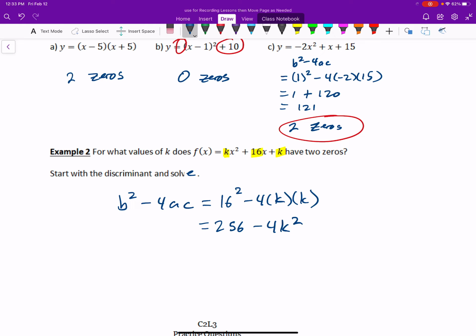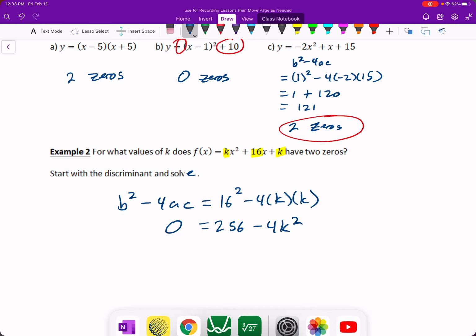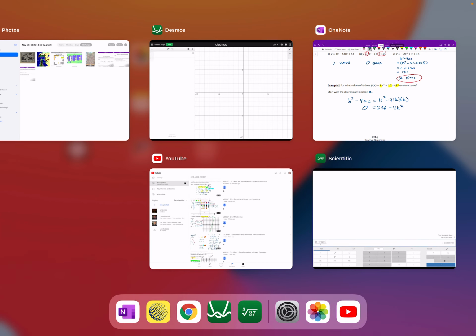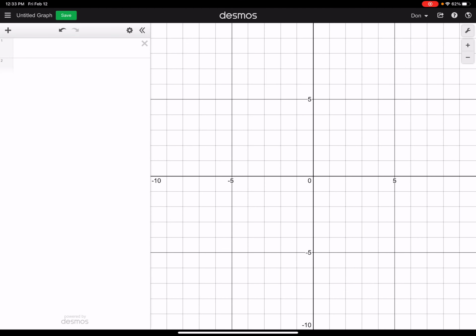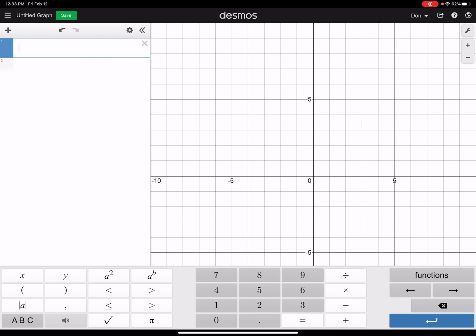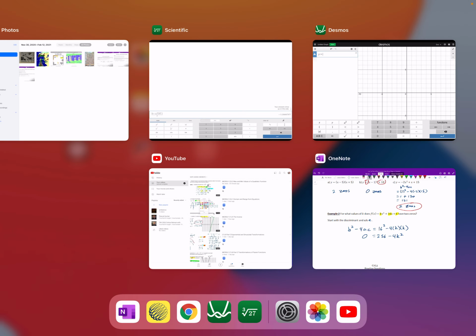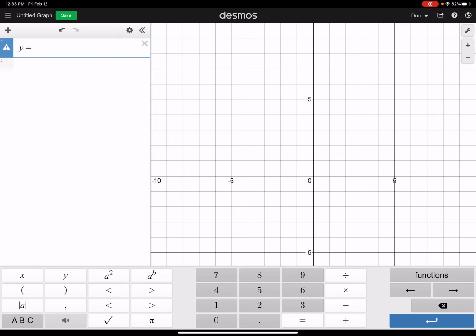And I'm going to set this equal to 0, but what I want is I want k to give me a value that's actually greater than 0. So maybe what I'll do is I'll just go to Desmos in this case to graph this, and I'll do y equals negative 4x squared plus 256.